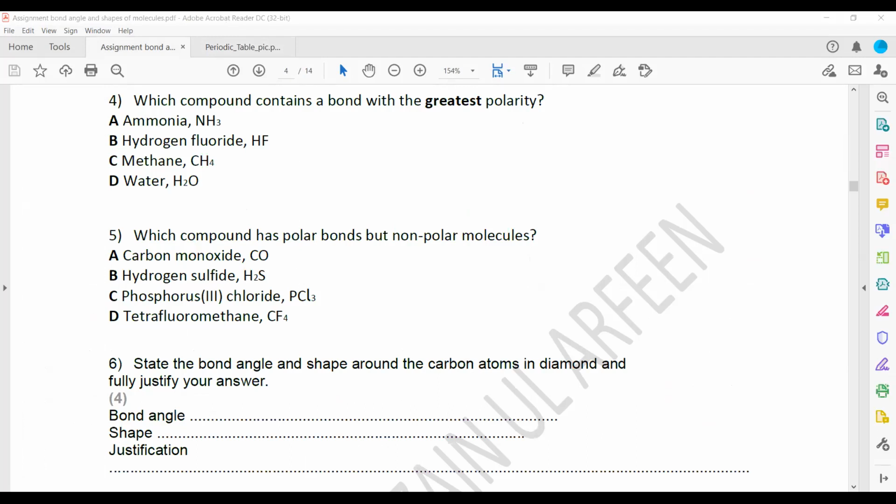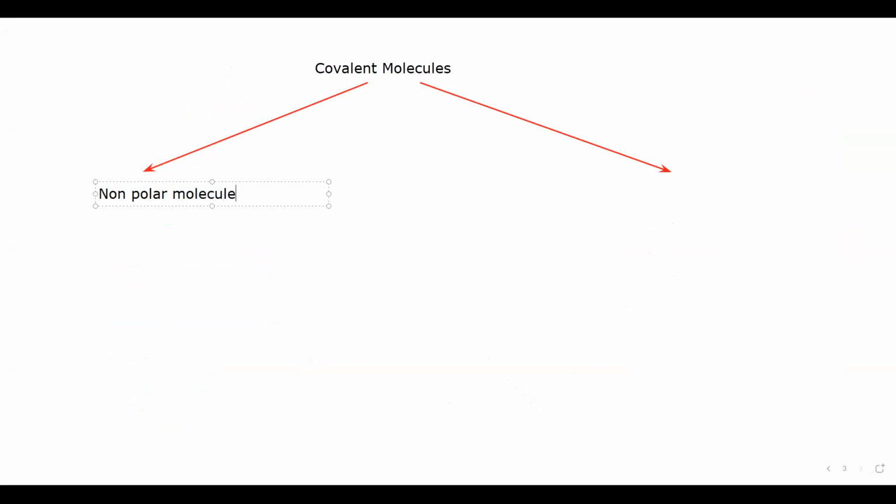Then about the molecules, covalent molecules can be classified as two types. It can be classified as a non-polar molecule and it can be classified as a polar molecule.